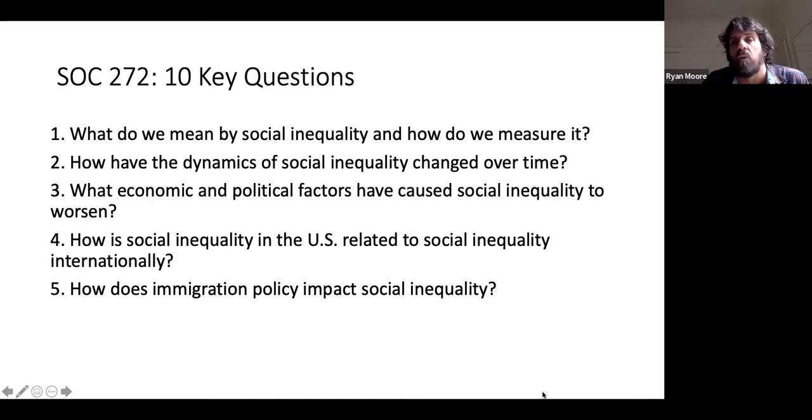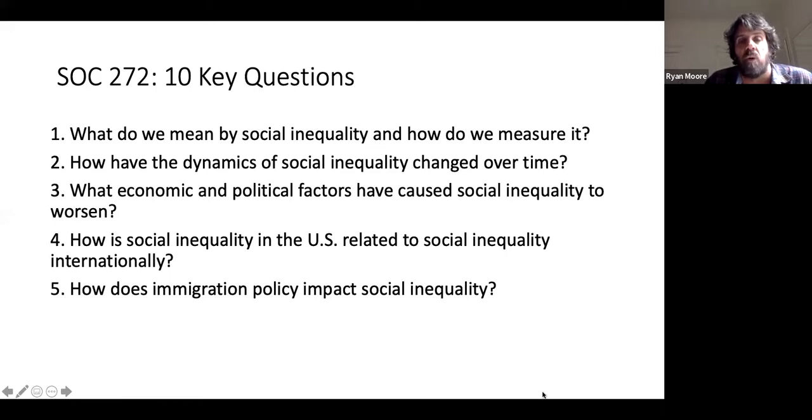The second one is more of a historical question. The first is more of a definitional question, like how do we measure or define what we mean by social inequality. And the second, how things have changed over time, requires us to take a longer historical view.